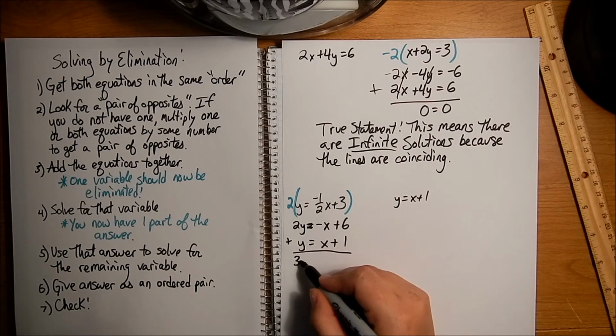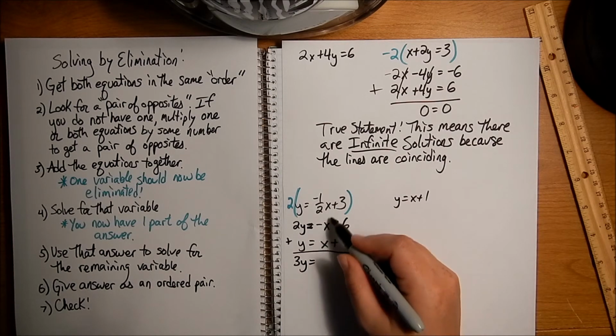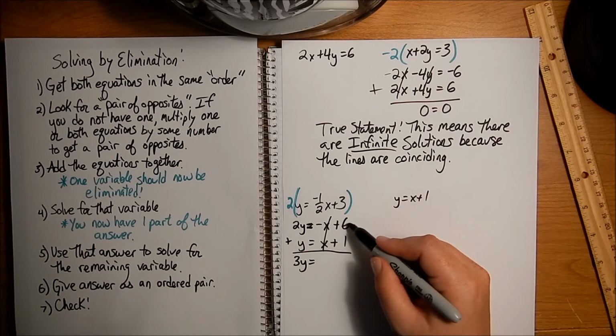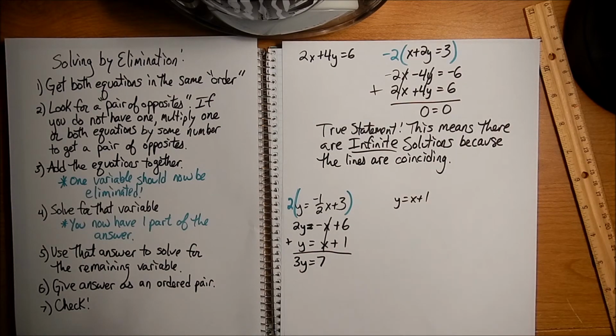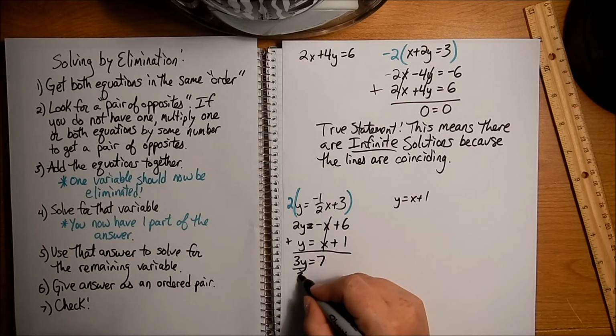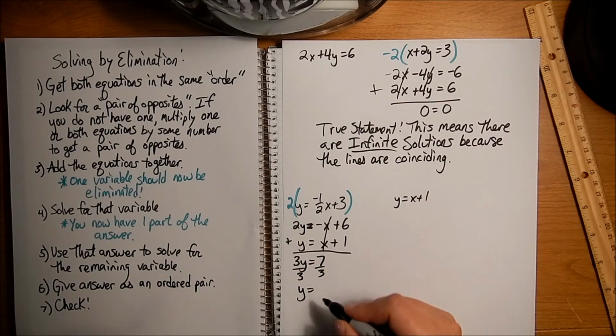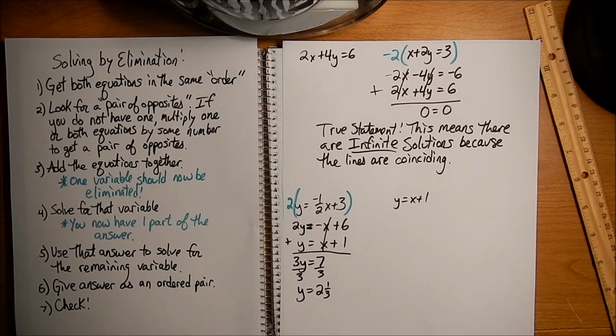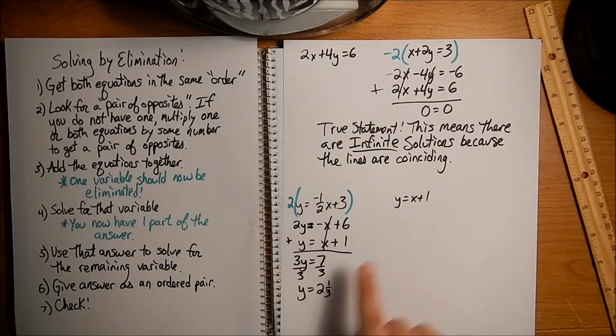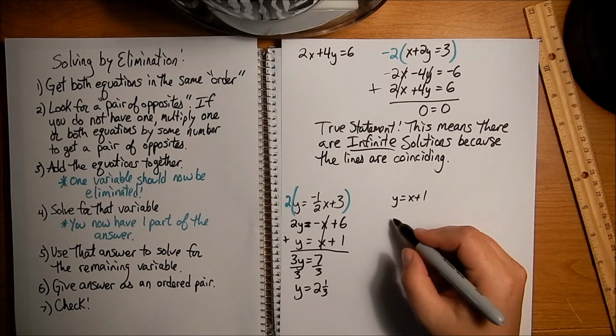2y plus y is 3y. Negative x plus x, they cancel each other out. And 6 plus 1 is 7. So I can solve for y, divide both sides by 3. And 7/3, I can rewrite that as 2 1/3 if I like. Okay? So I can take 2 1/3 and plug it in over here.